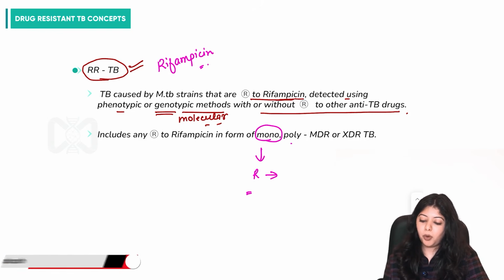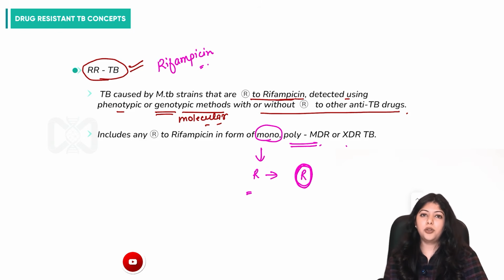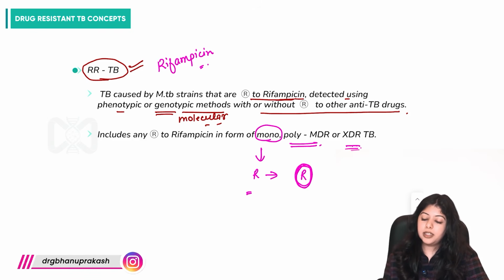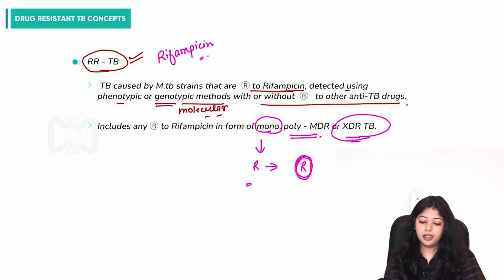There can be poly-MDR, wherein rifampicin resistance is present, which is included in all the definitions, right? Only rifampicin would be resistant, no other drug would be seen. And this resistance can also be seen in XDR-TB, right? So majorly we're focusing here on rifampicin resistance, excluding isoniazid, right?